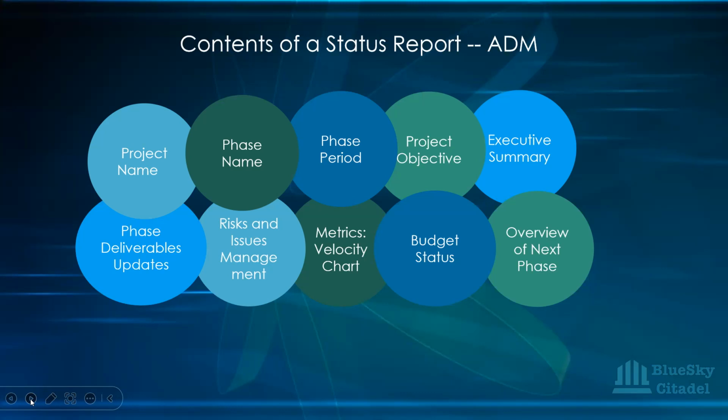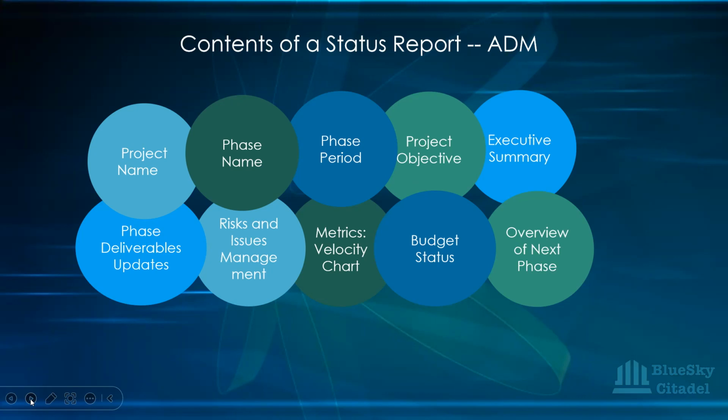For an ADM, it's possible that you provide your status report at the end of the sprint. For me, I do that as an ADM. I provide it at the end of the sprint, but I look at it on the epic level, while the Scrum Master is providing information at the user story level.